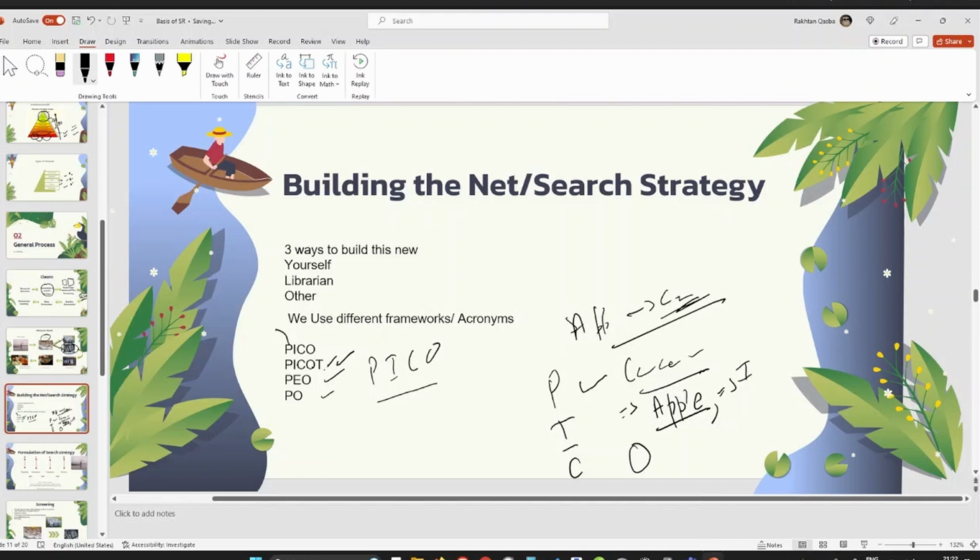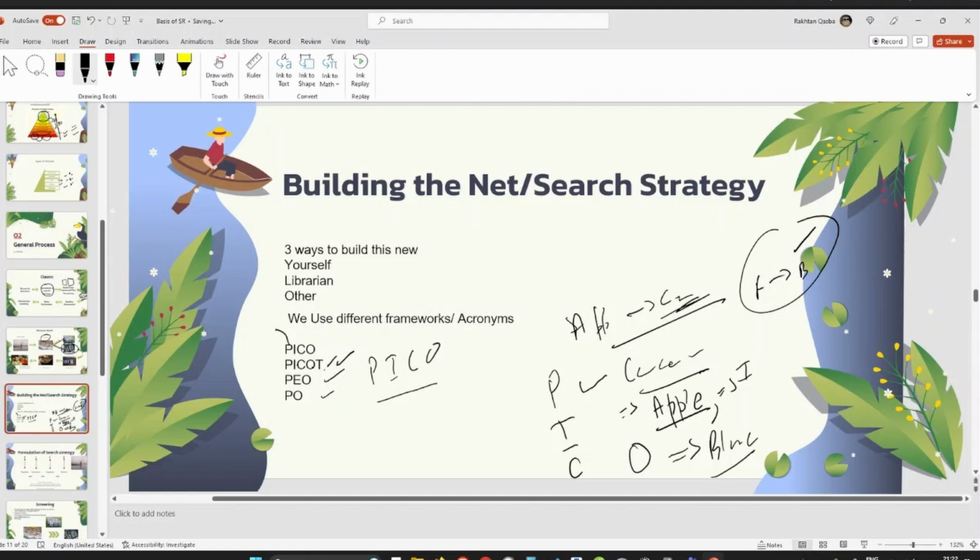For the outcome, say these are skin cancer patients, and if the skin turns from red to blue, we are saying the cancer is cured. So we are looking for blue skin patients. We are looking for this outcome.